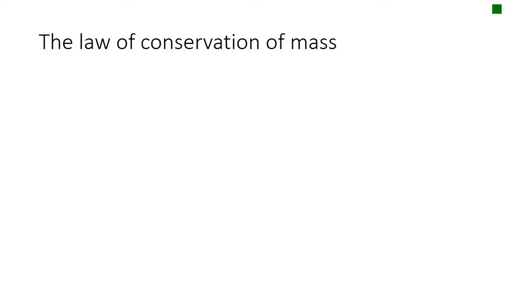So in a chemical reaction, if I have substance A reacting with substance B, and I get a simple formation reaction, I get AB. If I have 10 grams of A and 10 grams of B, the law of conservation of mass would indicate that I will get 20 grams of AB.